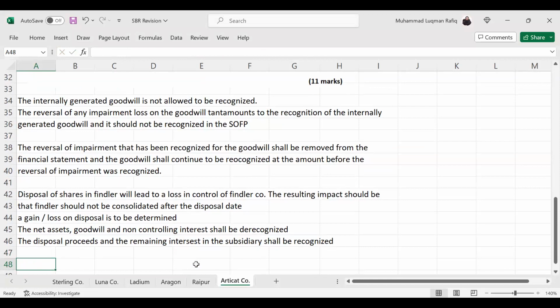The disposal proceeds and the remaining interest in the subsidiary shall be recognized. The sale of the property is not the revenue, and the revenue shall be reversed.